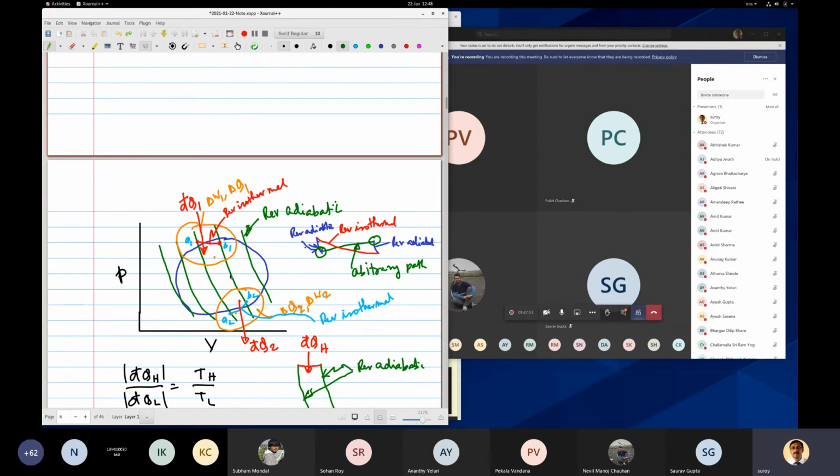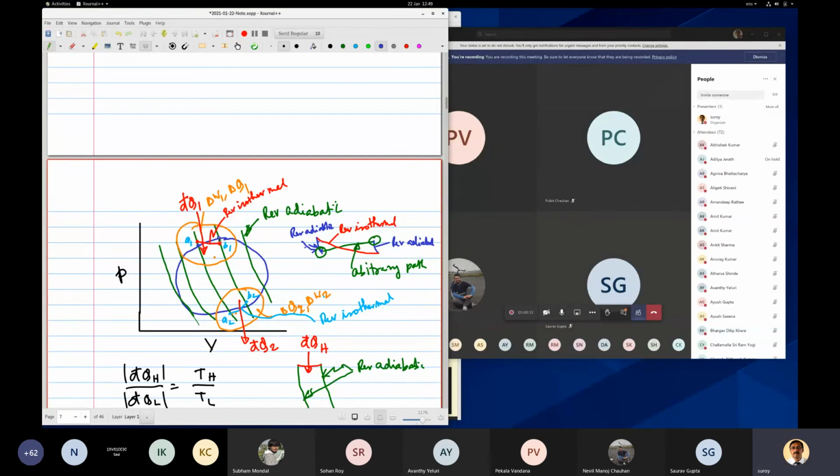So now A1, B1. This blue path, this small path, has been intercepted by 2 reversible adiabatic paths, between this point and this point.